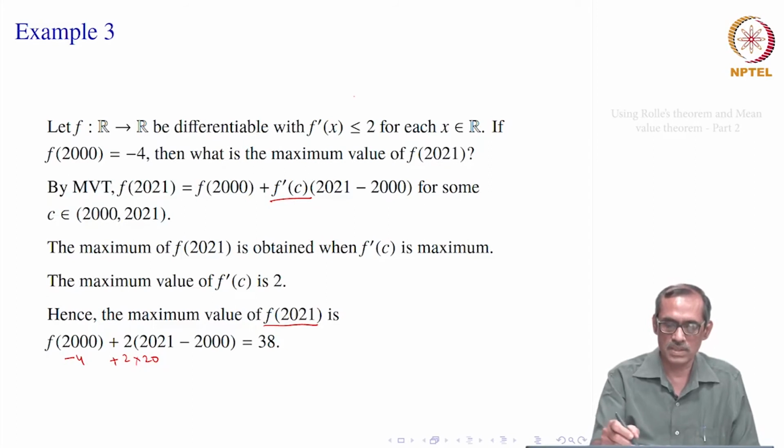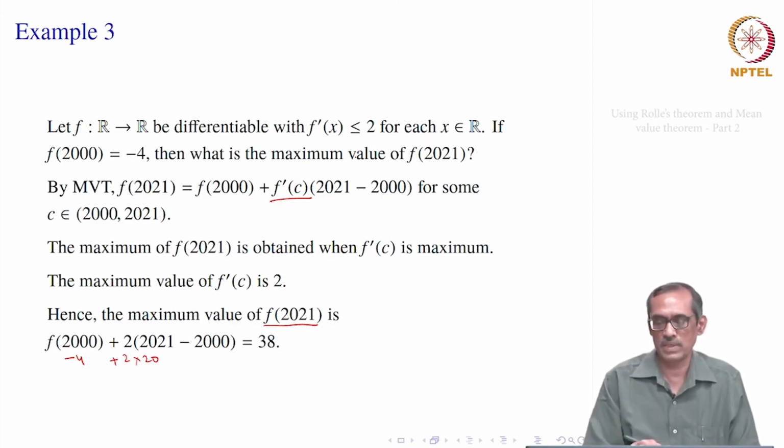So, you may see a simpler function like f of x equal to 2x plus some constant, which when differentiated will still give the value 2. So, let us try 2x plus c as f of x, it is just a trial, but this should be equal to minus 4 when x is replaced by 2000.